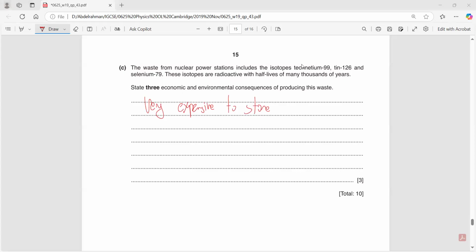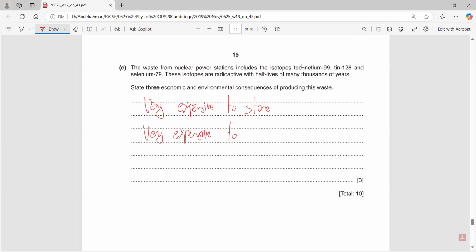Will I store them right next to me, for example, in the backyard or whatever? No, definitely not. So you need to transport them to very large distances, very far away, right in the middle of the desert where no one lives, right? So you need to pay a lot to transport these materials. So very expensive transportation.